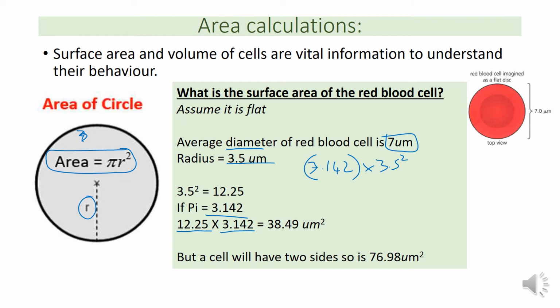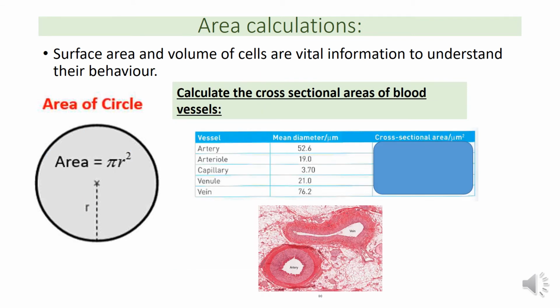But, and this is quite an important but, surface area. So we're assuming that the cell is flat, but if it's flat, it's got two sides. So I then have to multiply that by 2 to give me that answer there. I don't know how likely that's to be as a question in an exam, because it is a bit strange saying it's flat. But what you could easily get is a question like this.